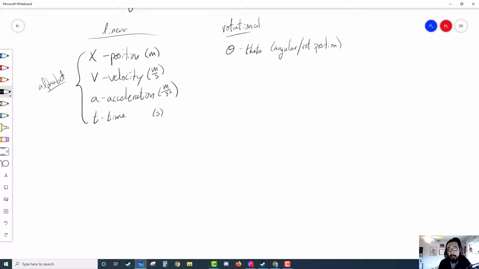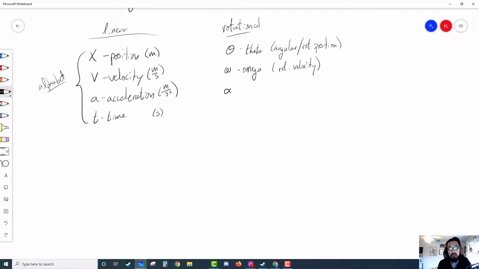Next, instead of v for velocity, we are going to say omega. Sometimes you might see me write it like a very squiggly W. Sometimes it might just look like a W, but this is omega. This represents the rotational, or angular, I'm just going to say rotational from here on out, velocity. Next, we have acceleration. Be careful here because the Greek form looks a lot like an A, but kind of looks like a fish.